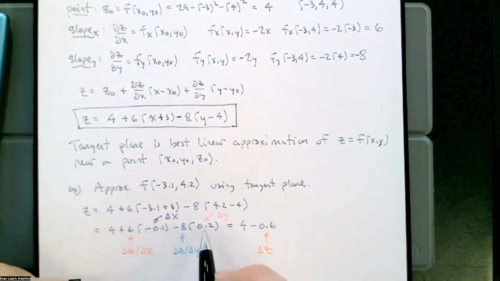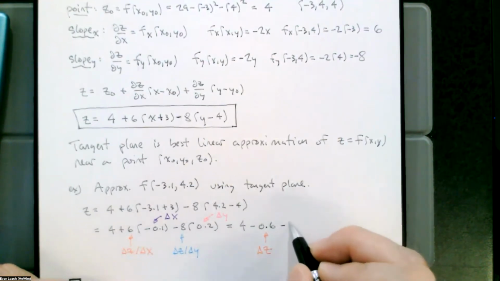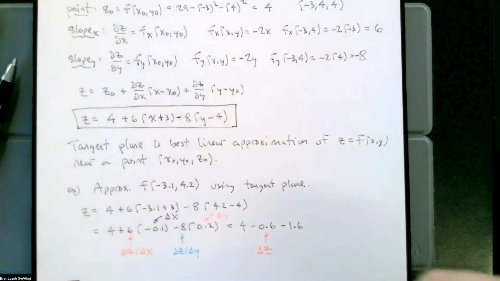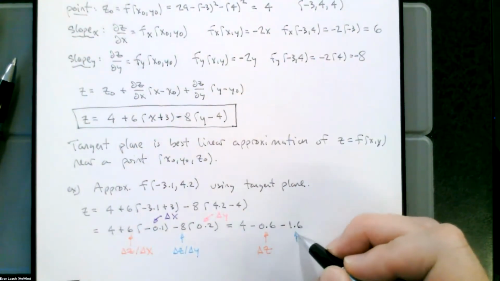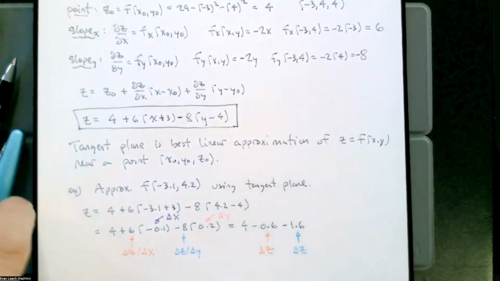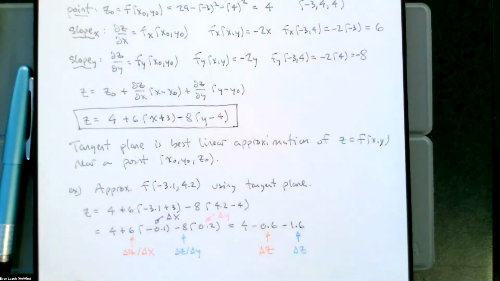And then minus 8 times 0.2 is minus 1.6. That's our delta z, because we took delta z divided by delta y and multiplied by a delta y. So the 4 minus 0.6 is 3.4, minus 1.6 is 1.8.